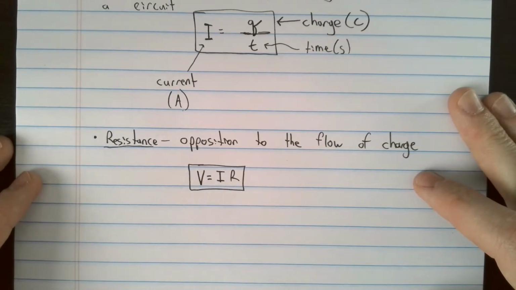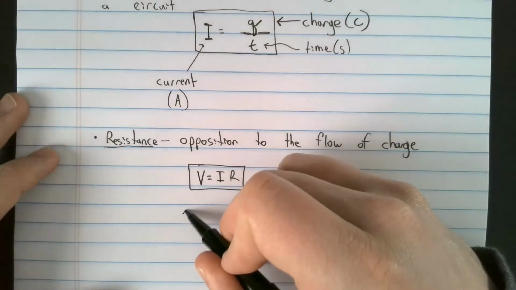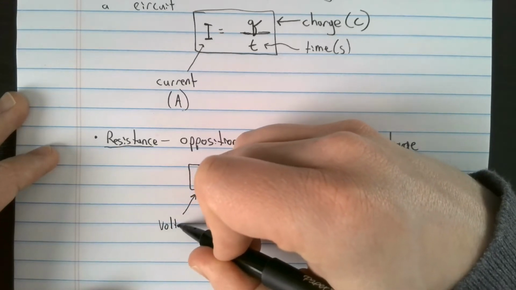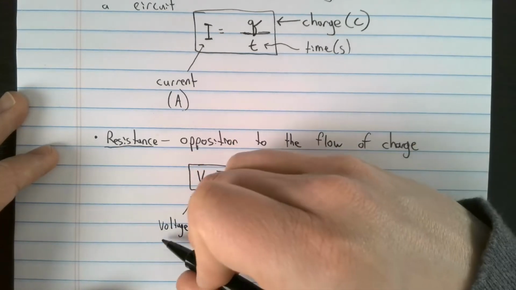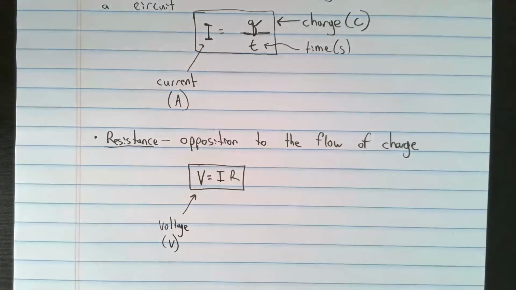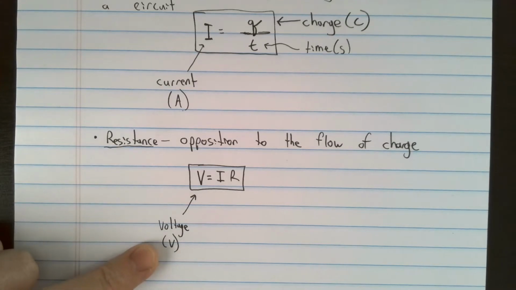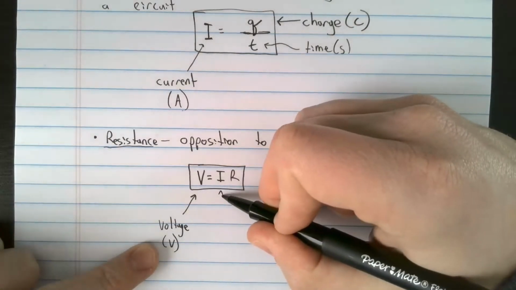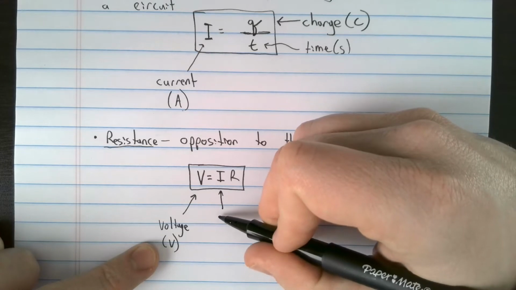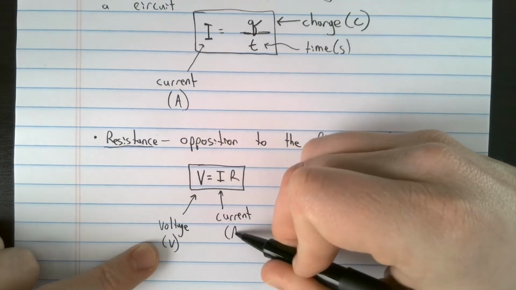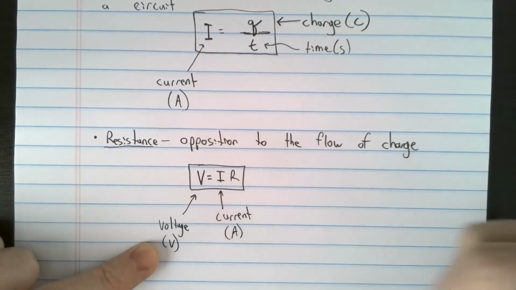And we'll break down those units once again. So, of course, V is voltage, and the unit is capital V. V stands for voltage, and it is measured in volts. I stands for current, and its unit is amps.